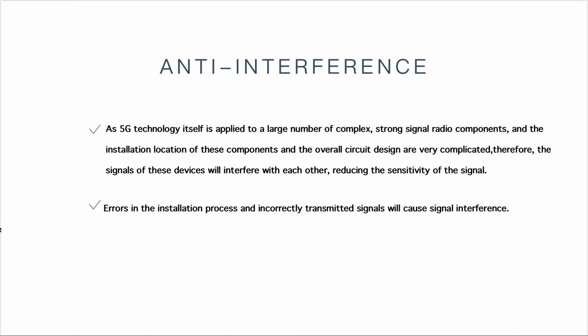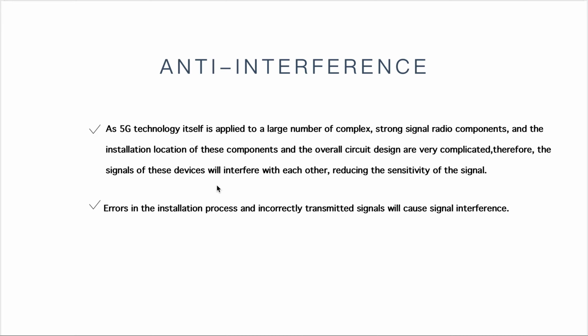And the next technology is anti-interference technology. It is a crucial technology in the development of 5G, as 5G technology itself is applied to a large number of complex strong signal radio components, and the installation location of these components and the overall circuit design are very complicated. Therefore, the signals of these devices will interfere with each other, reducing the sensitivity of the signal.